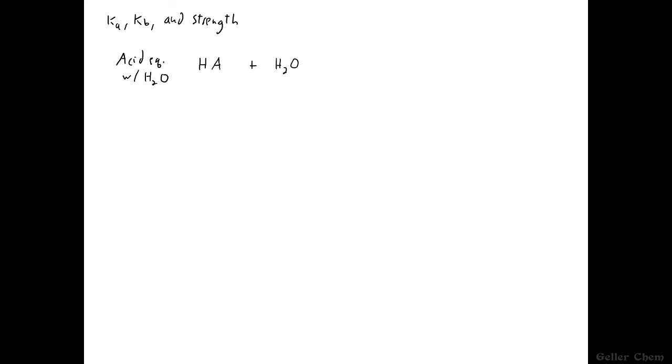So H2O, and I'll write liquid to specify that this is the very concentrated liquid that everything else is dissolved in. But I'm not going to bother writing aqueous. Much like what we've seen in the past, when no phase is specified, aqueous is implied.